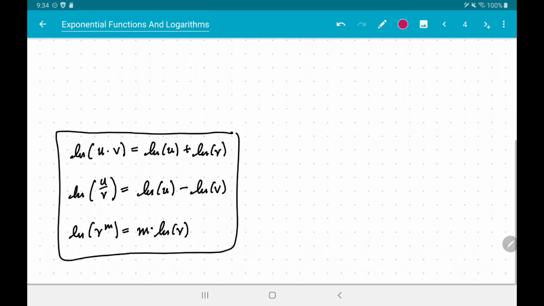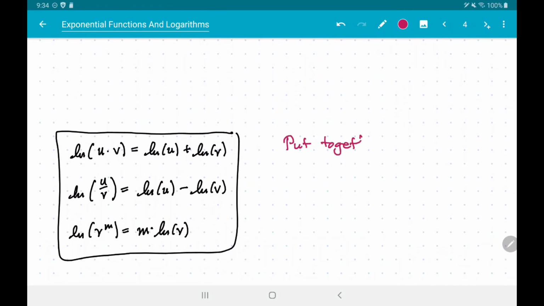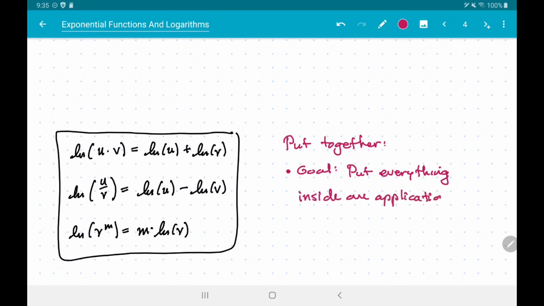For putting together, the goal, instead of trying to make it so that as little as possible is inside a logarithm, the goal now is to put everything inside one application of ln.